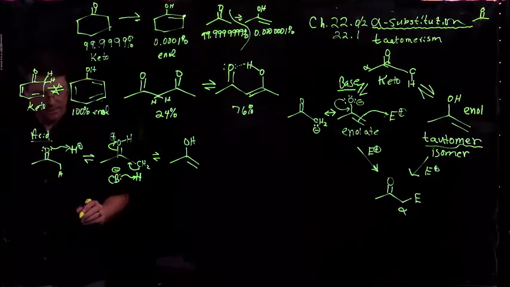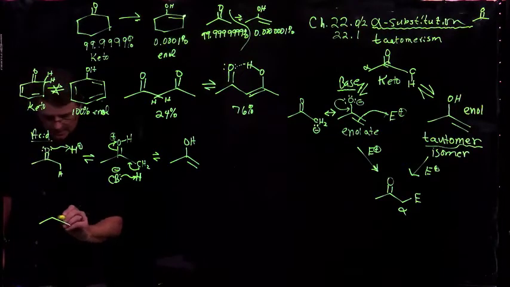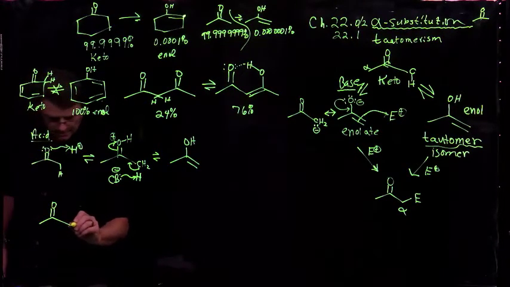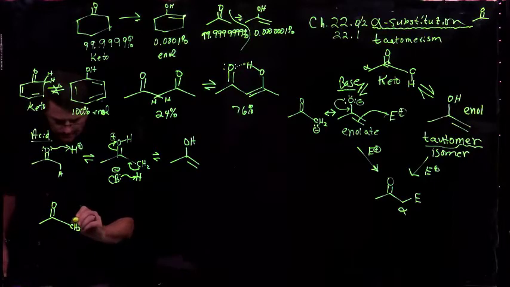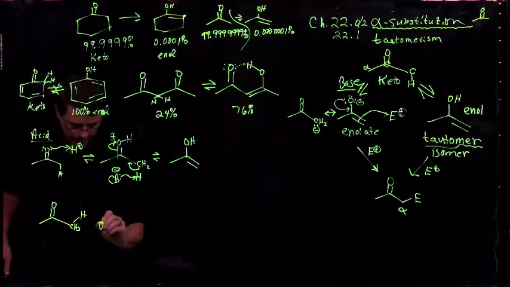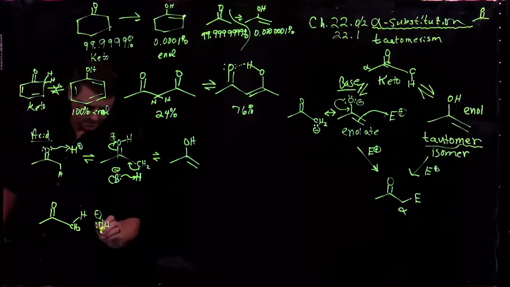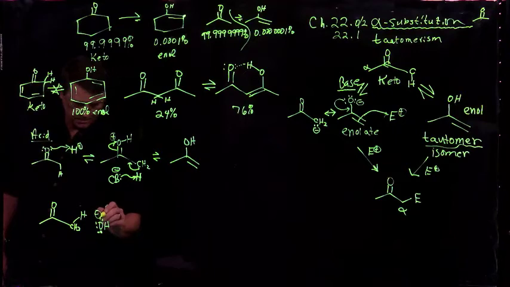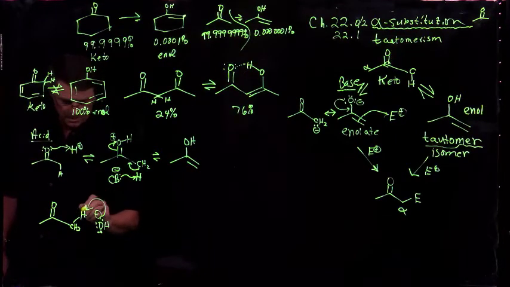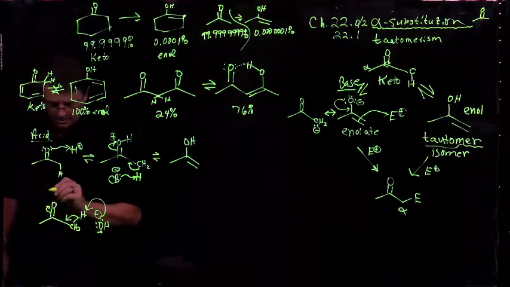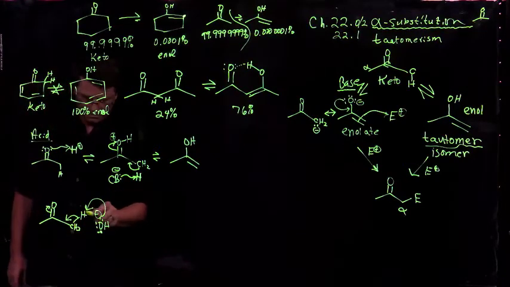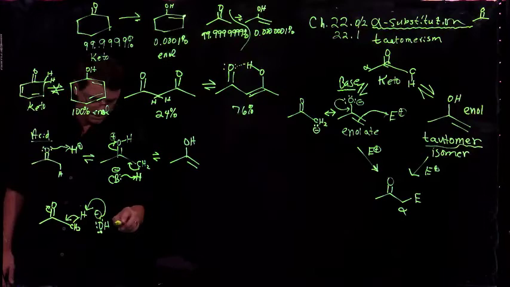Then we have the base catalyzed process. So if we add, let's just use hydroxide here. It looks like one lone pair, should be two. So then we can do a direct base catalyzed elimination of that proton, essentially.